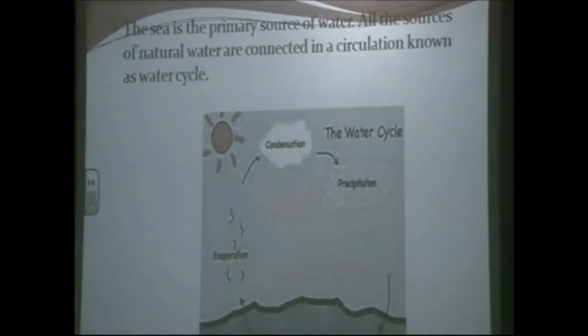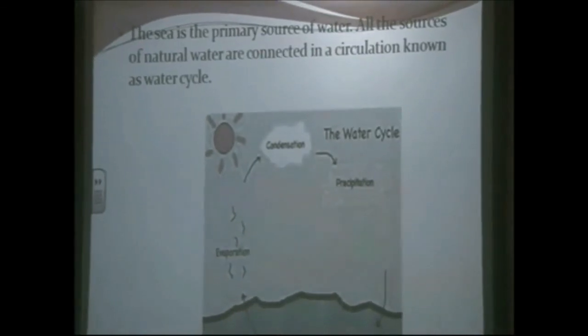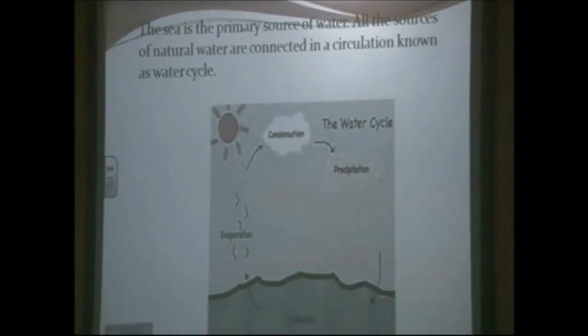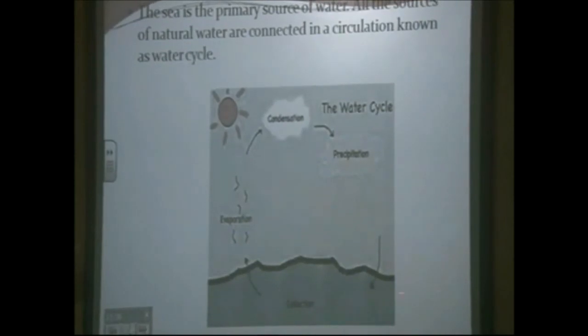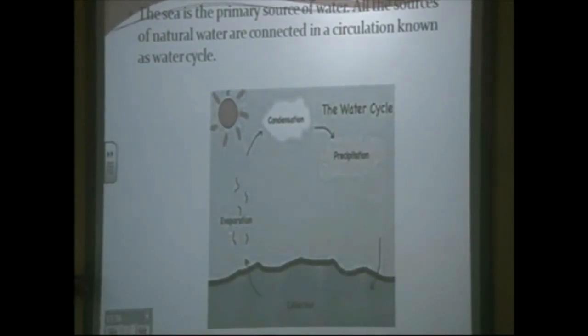How? Look at the sun. The sun shines on the sea or on the water body, whether it's the river, the well, or the lake, and then the water evaporates. The evaporated vapor rises up to form cloud. The cloud, when the temperature is lower than usual, precipitates and rain falls. The water runs off, goes into springs, into streams, into rivers, into lakes, and eventually goes back to the ocean.